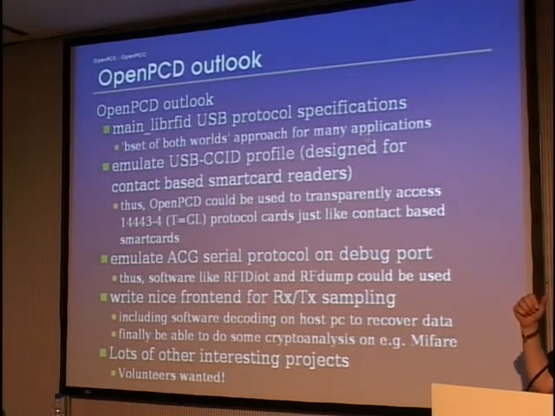You can run it, for example, using existing OpenCT CCID drivers, or you can use it with OpenPGP, because GPG, which implements OpenPGP, supports CCID-based, contact-based chip card readers. And if we emulate a USB CCID profile, then that could be used without any software modifications.